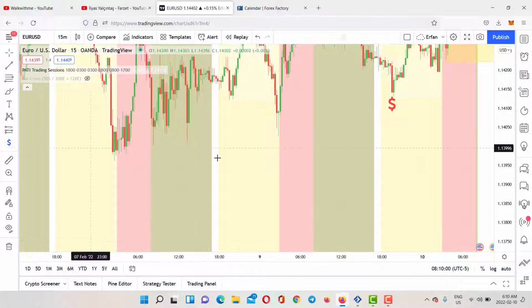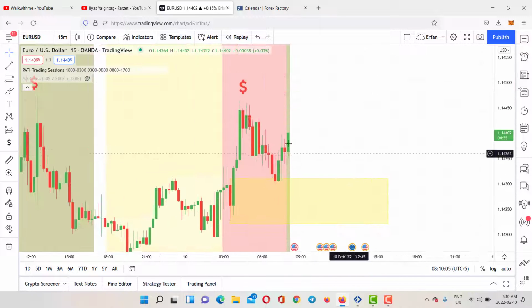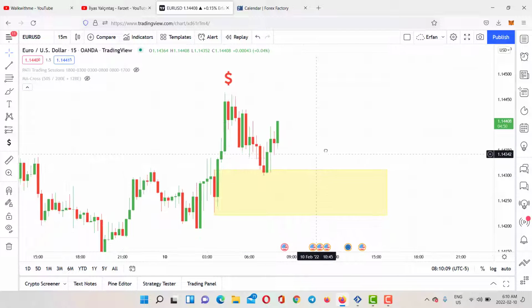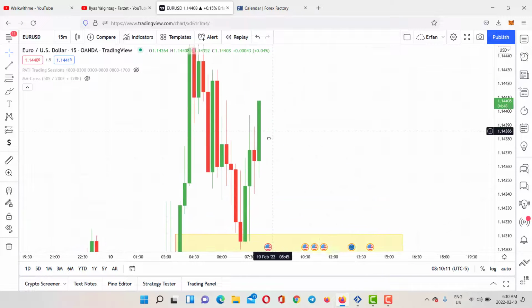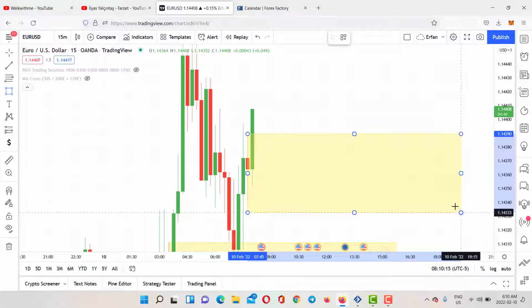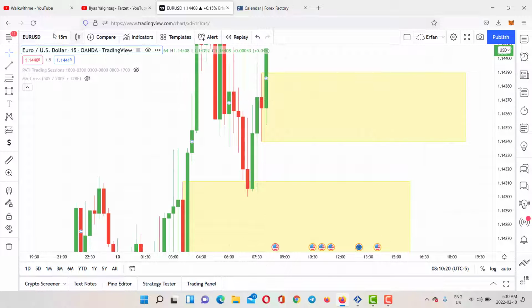We have Asia session low right here. These are all areas that need to be tapped into. Okay, so in 15-minute time frame, what I can find as a high probability order block right now is this one right here. Okay, this one is already tapped into, so it's too late to get into.